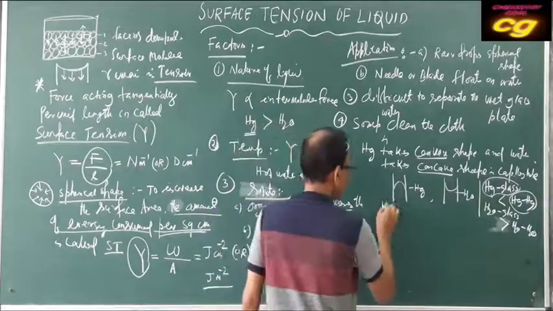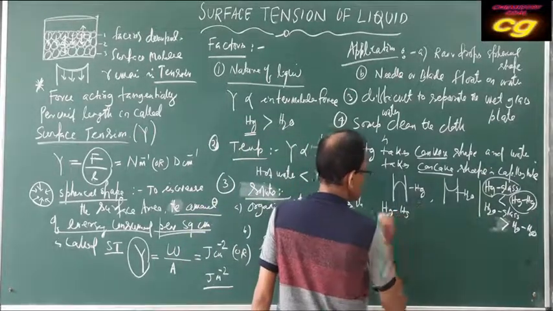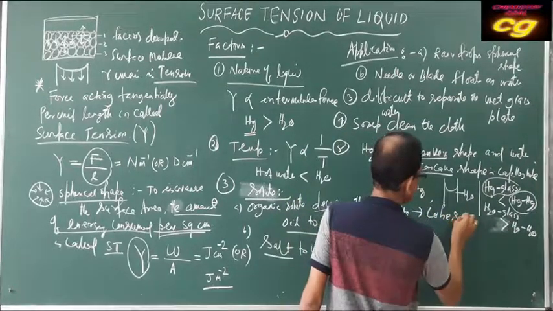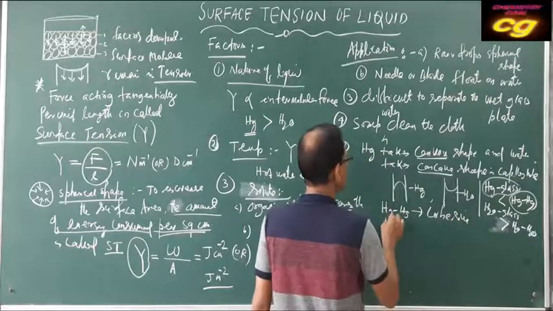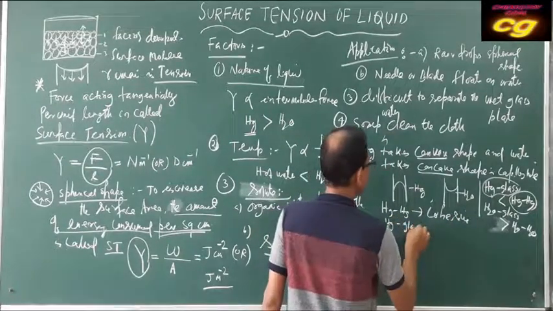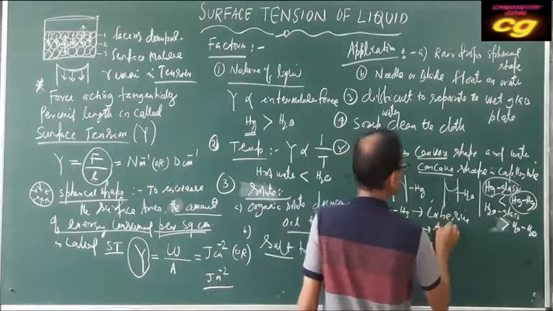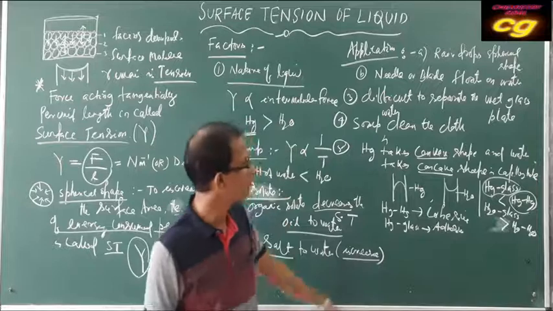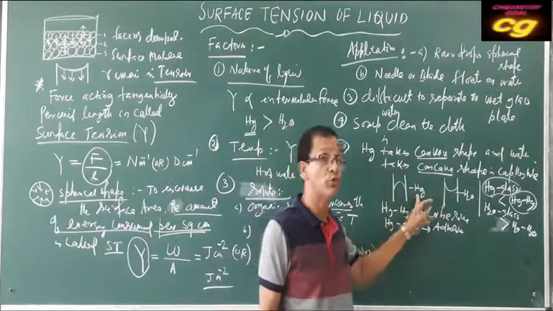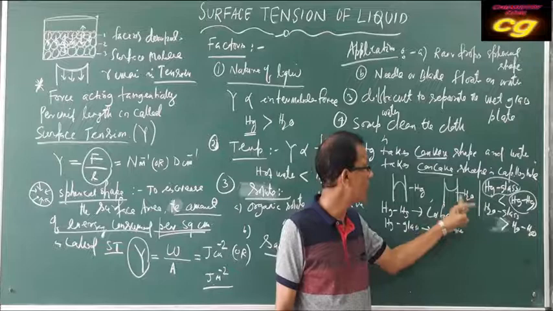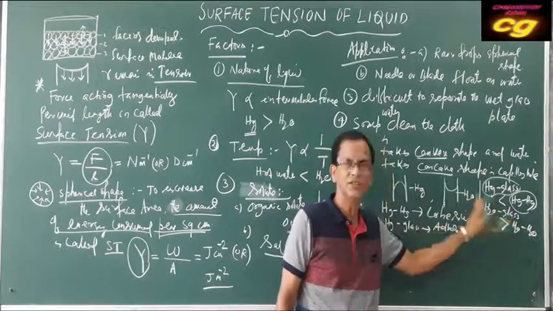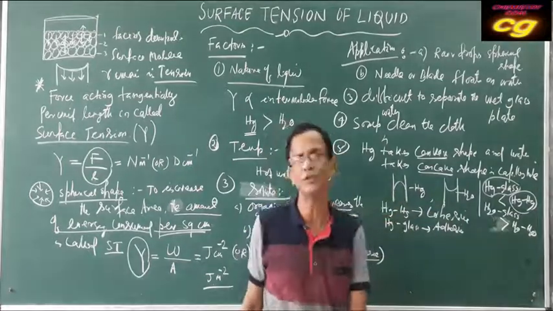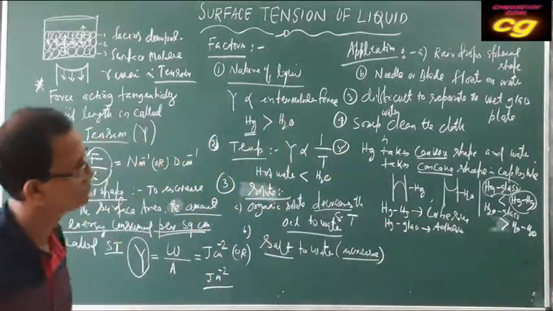That means mercury and mercury is cohesive force, and mercury and glass is adhesive force. In the case of mercury, cohesive force is more, but in the case of water, adhesive force is more. This is the difference between the mercury and water meniscus in the capillary tube, only due to this.